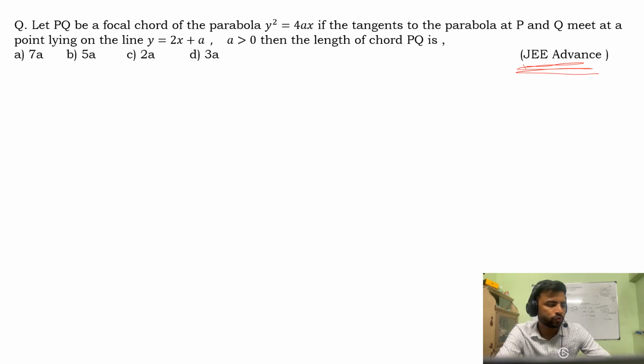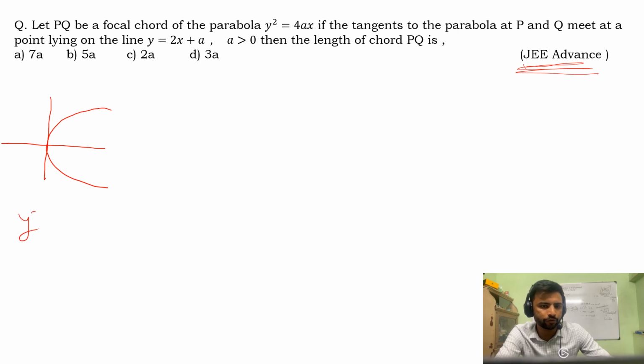So we are given here a parabola. As we all know, there are four types of parabola, but the given equation y square is equal to 4ax suggests the parabola will be of this shape.